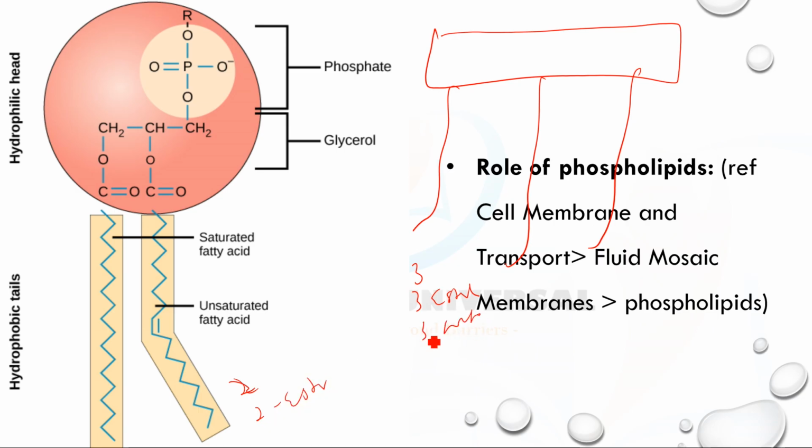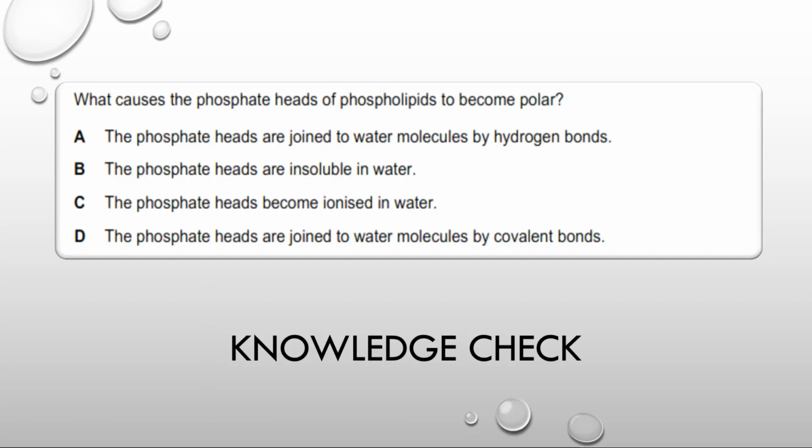Three water molecules formed, two water molecules formed. If you check again, this has phosphate, that has no phosphate. So you can see the role of phospholipid: cell membrane usually. So this is where we'll stop.